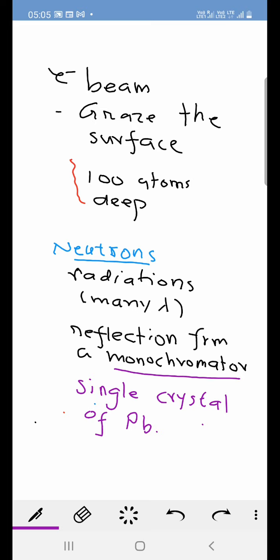Now, the intensity of the initial neutron beam is reduced by a factor of 10 to the power 3 by this operation, that is getting reflected from a monochromator.